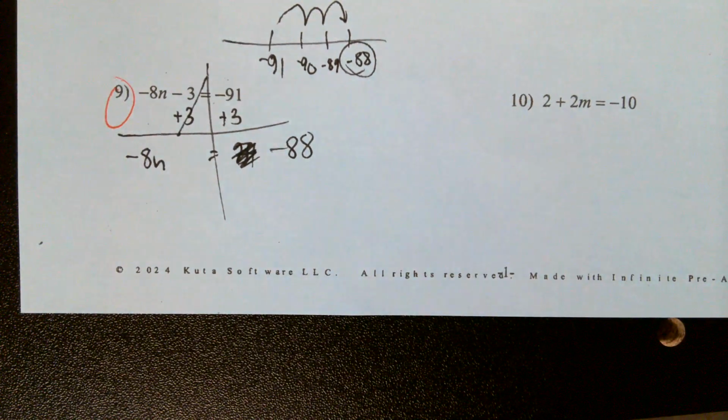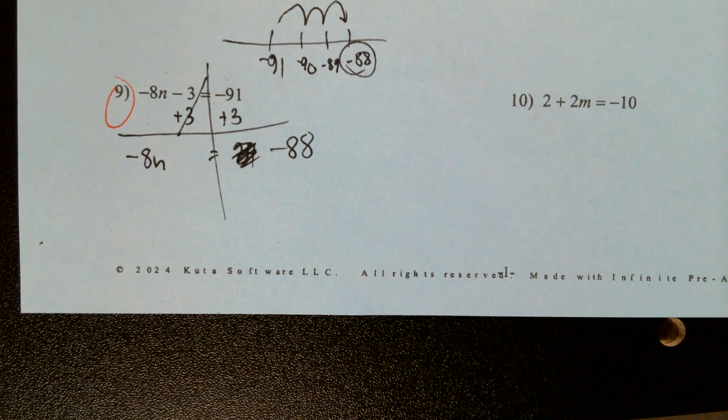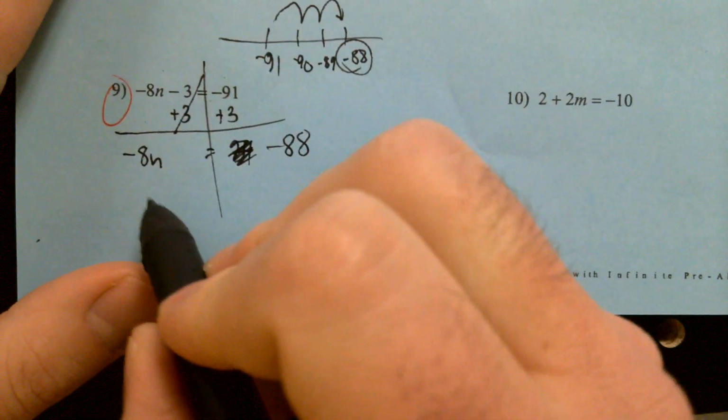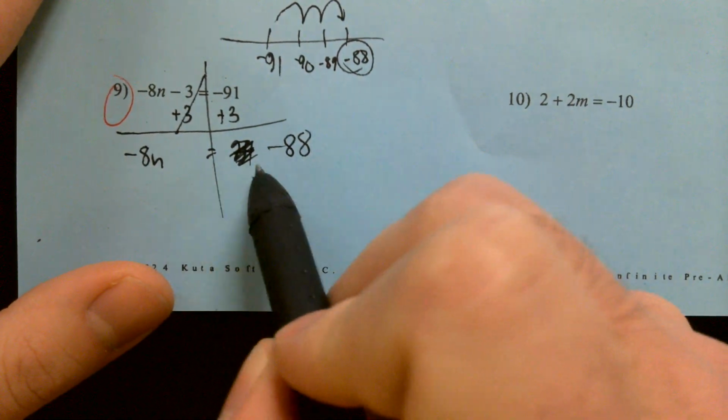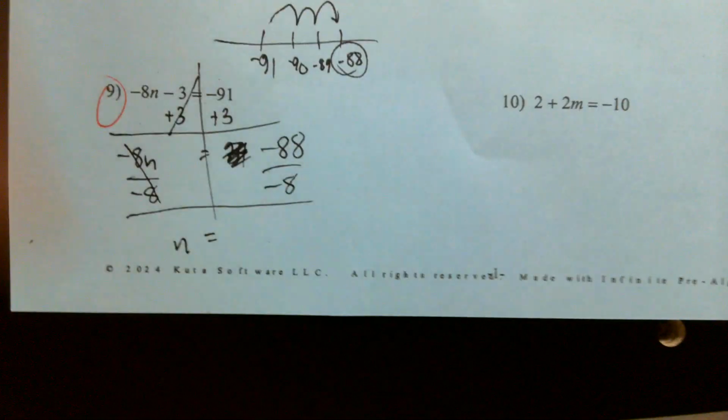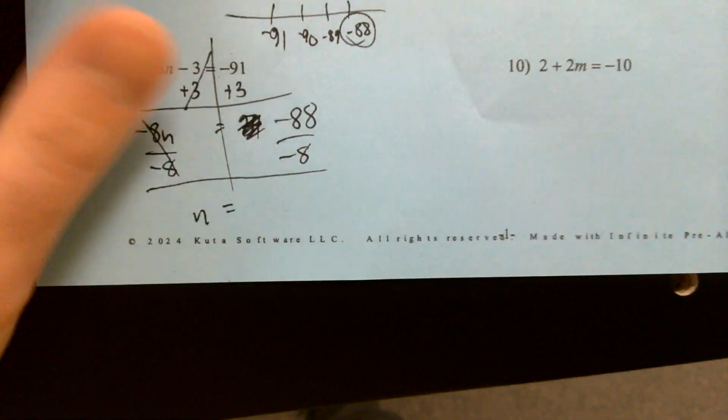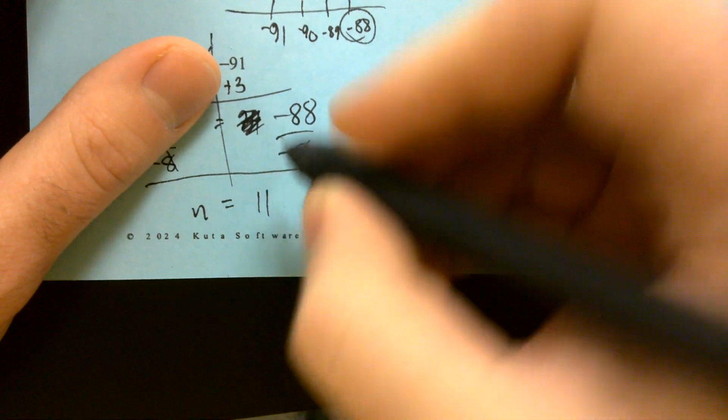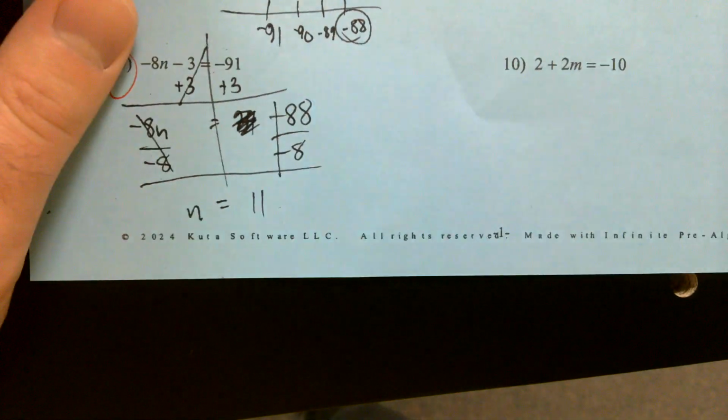All right, so if you got a fraction here or anywhere, you shouldn't have gotten a fraction, okay? So we get negative 8n equals negative 88. Obviously, we divide by negative 8. Cancel out. What's my n value equal to here? Just 11, right? A negative over a negative. Those cancel to a positive.